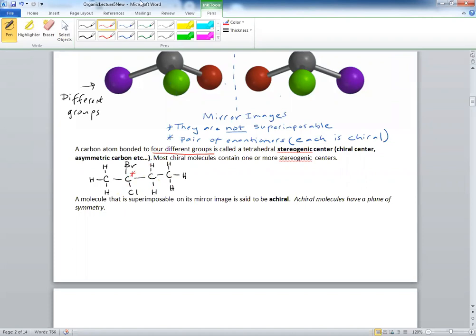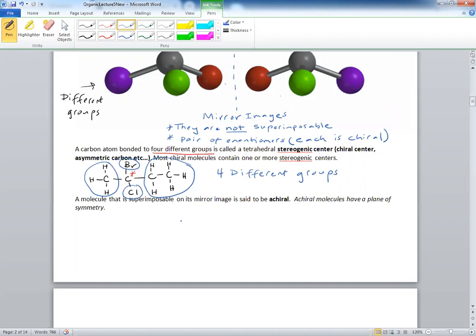Let me show you the 4 different groups: you have bromine, you have the methyl, you have the chlorine, and of course you have the ethyl. So notice how it has 4 different groups. Keep that in mind. This has to be known as well as you know your name, really. 4 different groups.